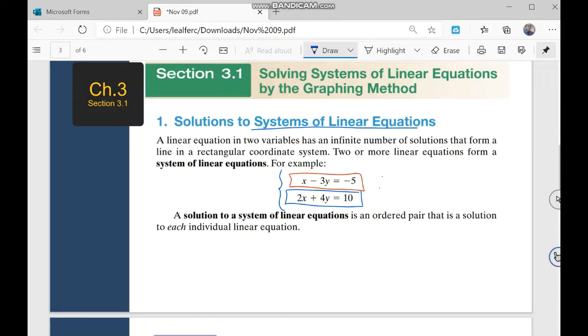A solution to a system of linear equations is an ordered pair that is a solution to each individual linear equation. So to be a solution to the system, it needs to be a solution for each one of the equations. That's what a solution means: a point or an ordered pair that is going to be a solution for each one of the equations.